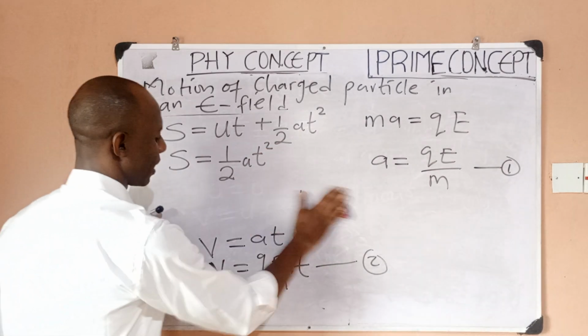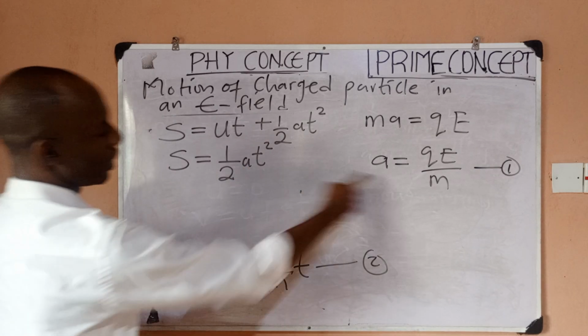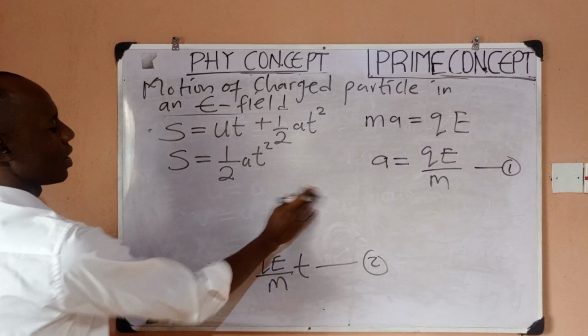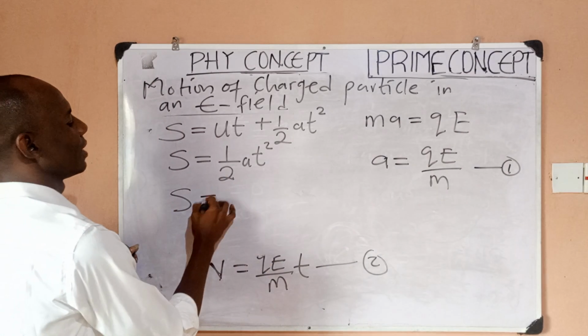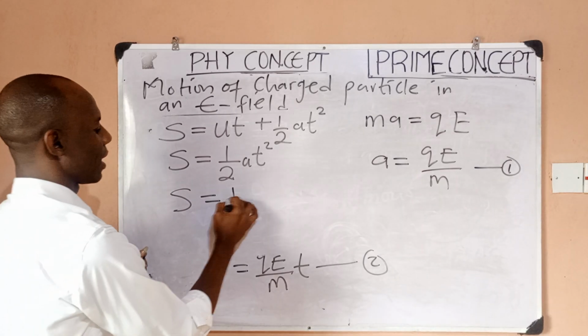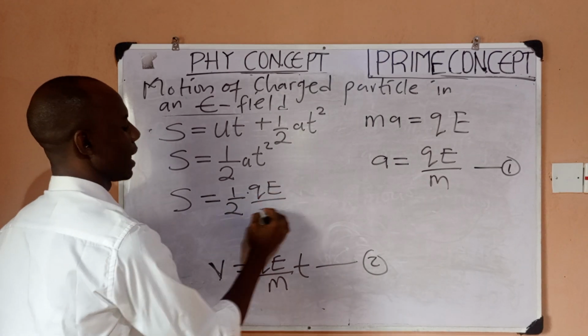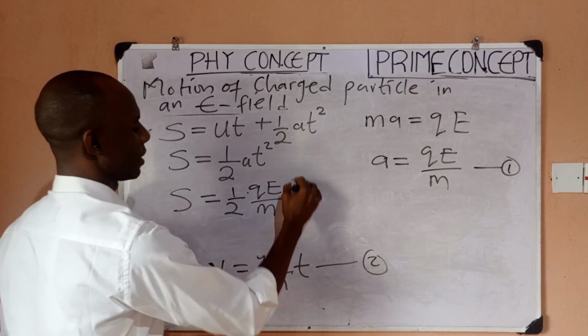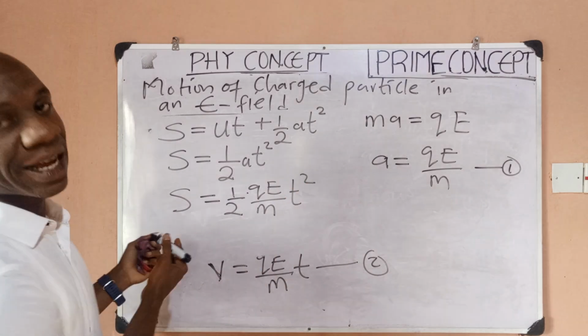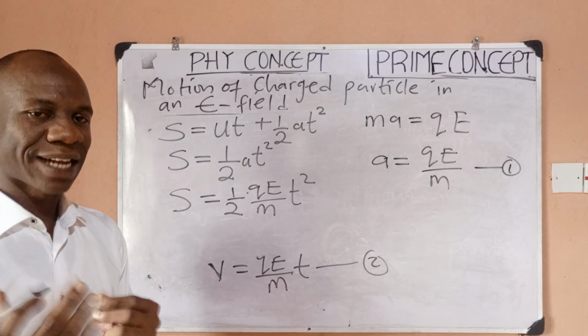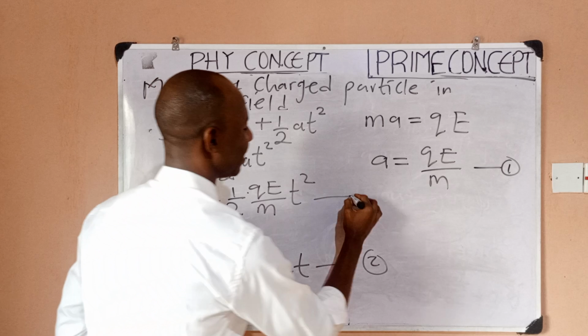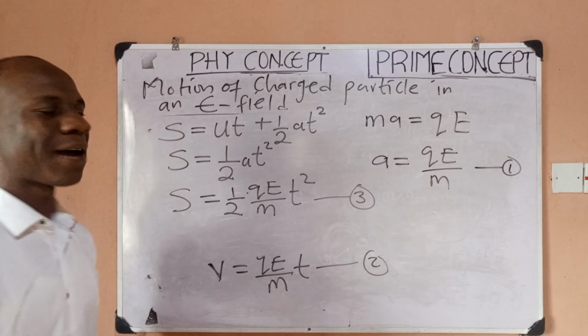If I substitute, because I know a as this, I would have that s is equal to half QE by m times t squared. So this is what I have as the distance traveled by that particle. This is my equation 3. So I have 3 equations now.